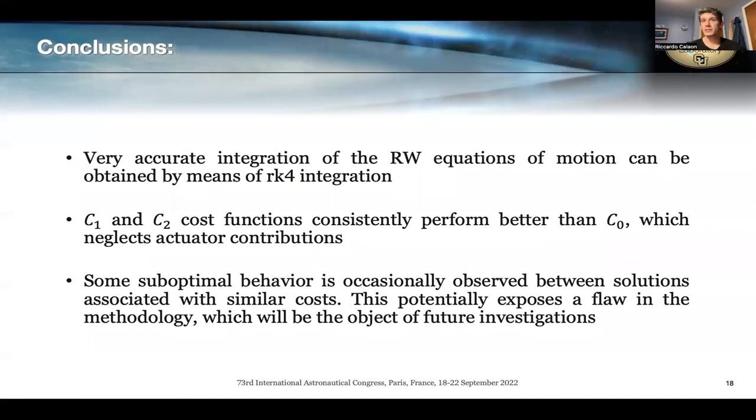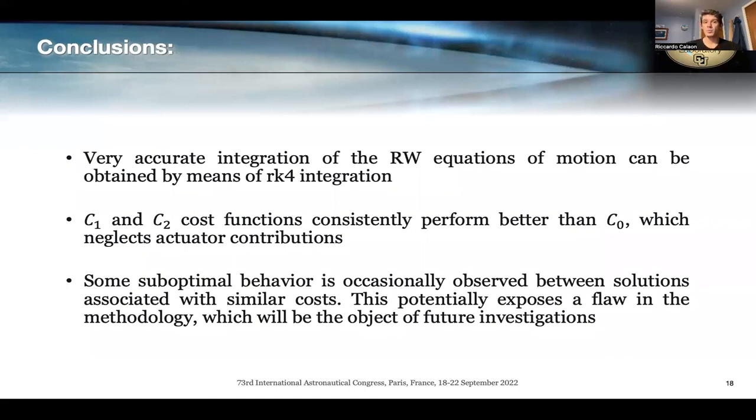So to conclude this presentation, it is possible to obtain a very accurate integration of the reaction wheel equations of motion by means of an RK4 integration. The newly defined cost functions C1 and C2 consistently perform better than C0, which neglects actuator dynamics. So this provides an improvement regardless of everything else.